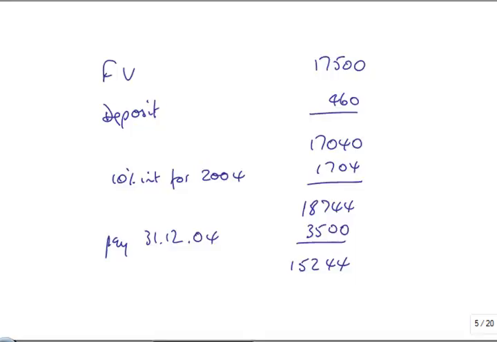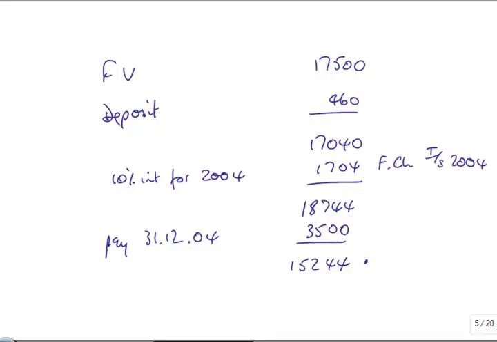How much interest is in that first installment? 1,704. That's the finance charge for the income statement for 2004. And here is 15,244.